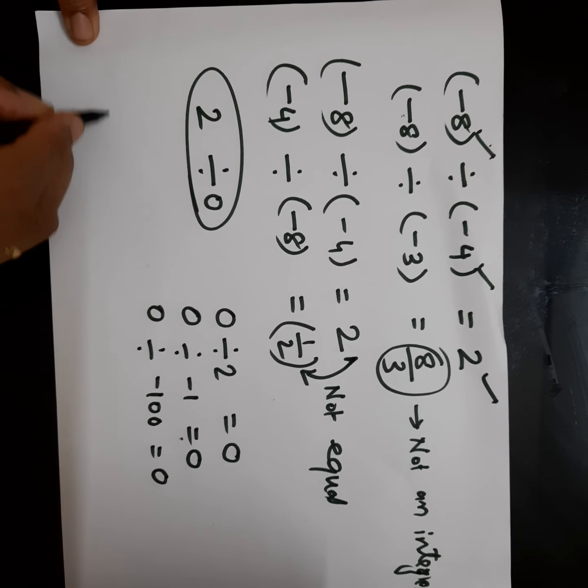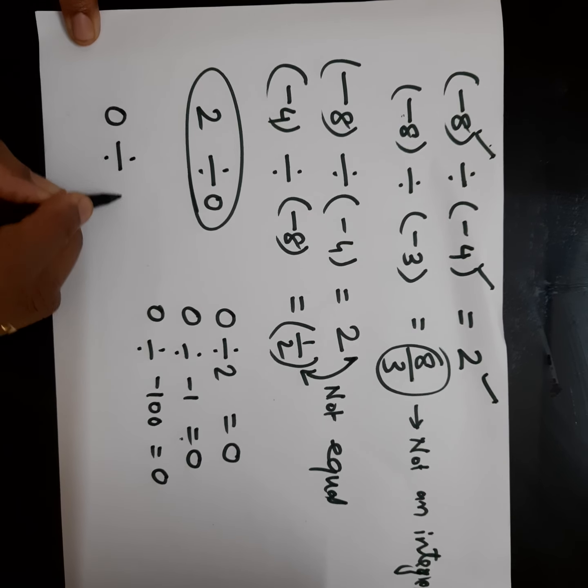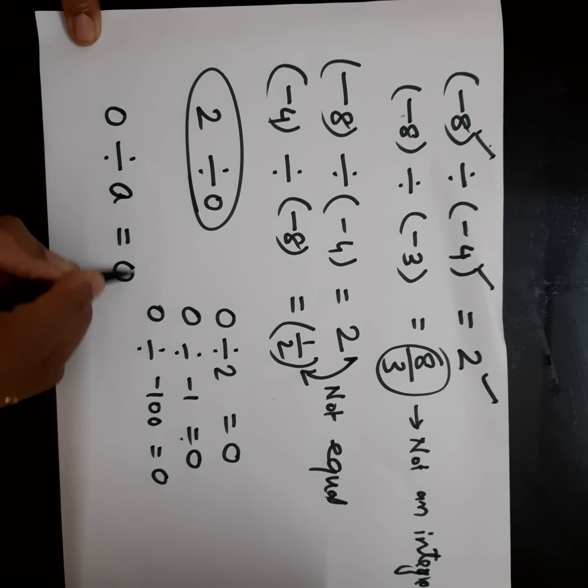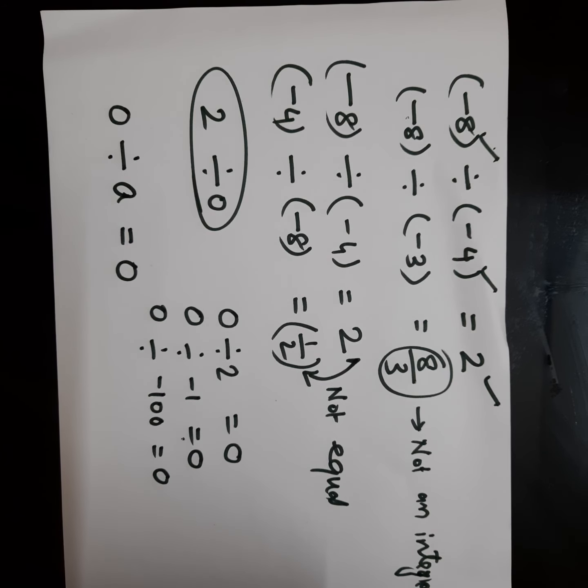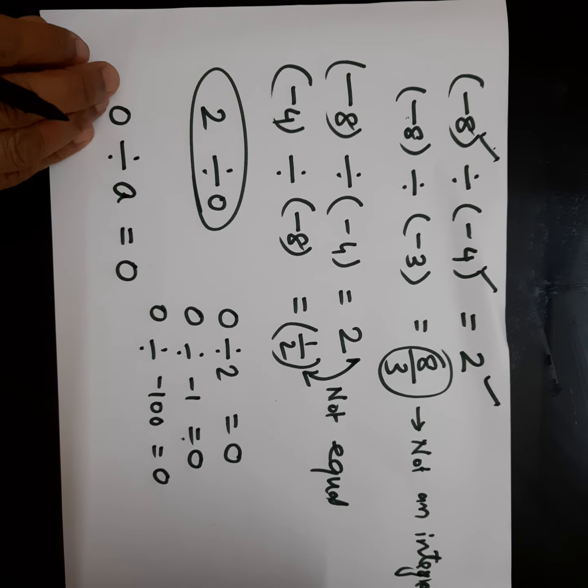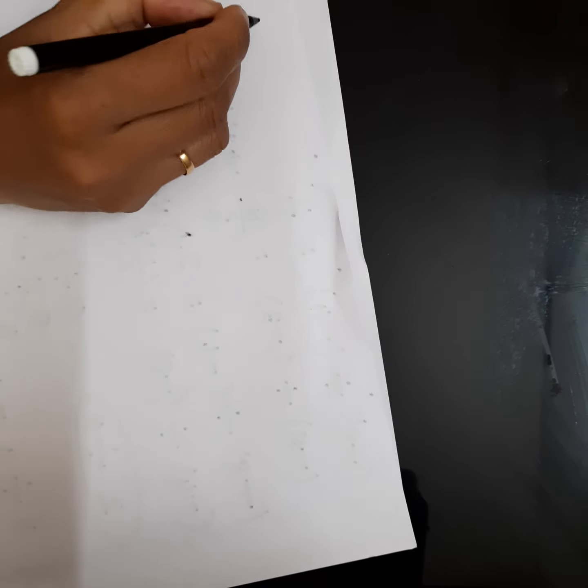So for any integer a, we can write 0 divided by a is equal to 0. And also any integer divided by 1 is that same integer. Let us take minus 2.